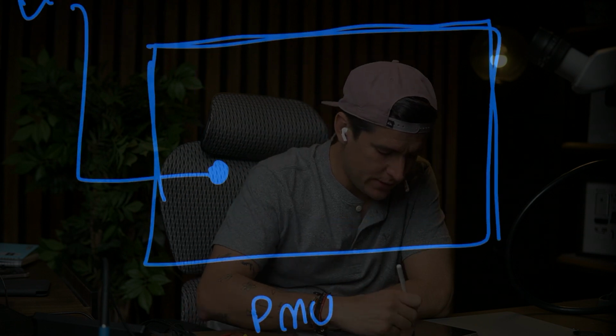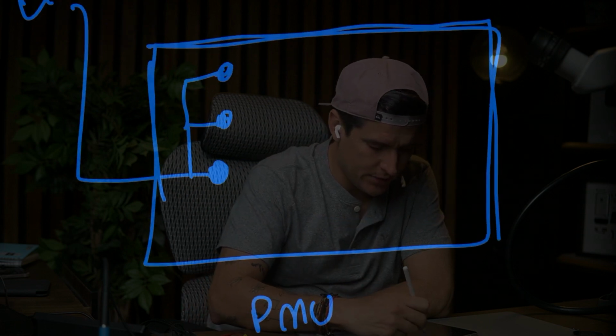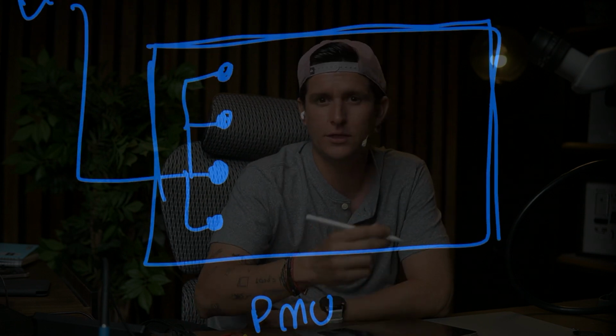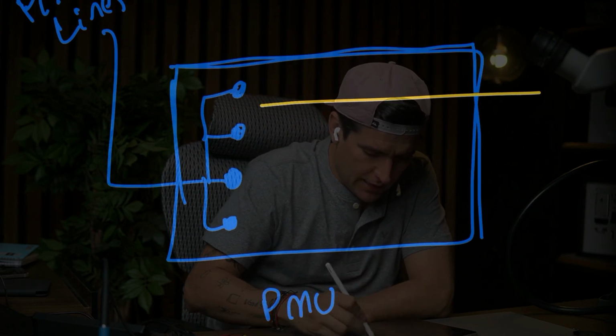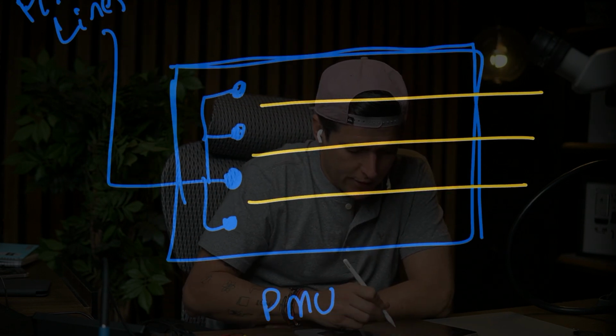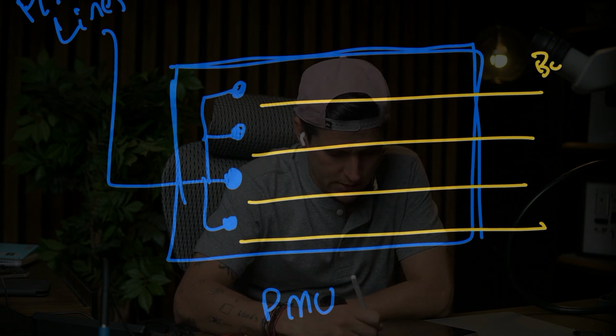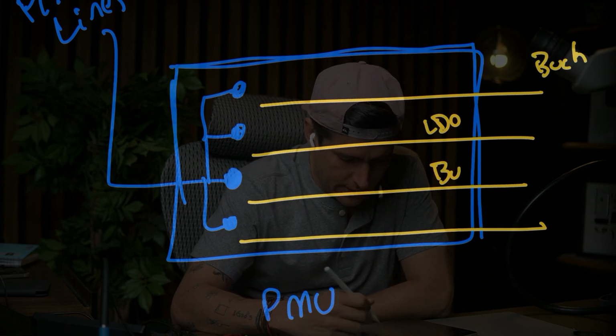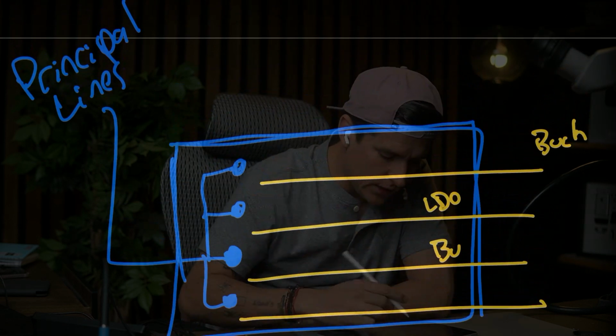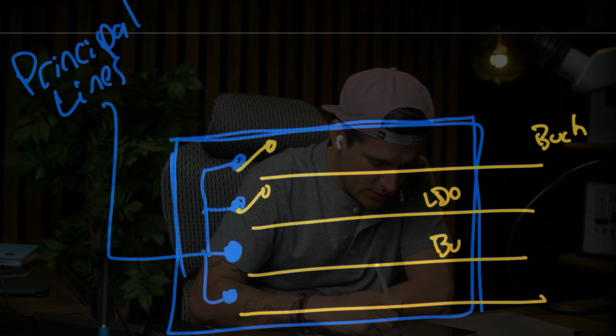The principal lines are something like this. I'm going to try to explain this the easy way, okay? And then we have right here our new lines. For example, this can be a buck, this can be an LDO, buck, etc., okay? And here we have something like a switch, okay?